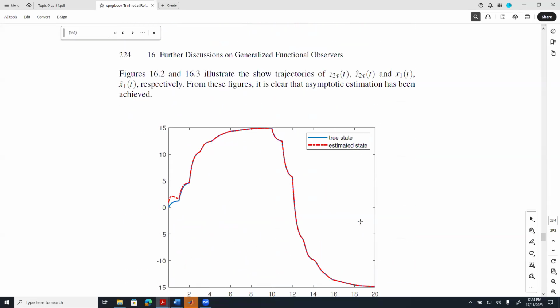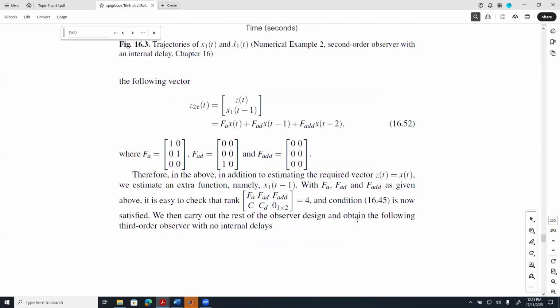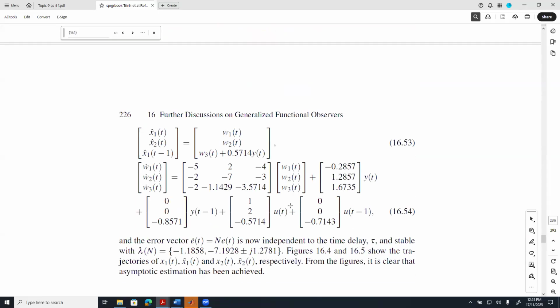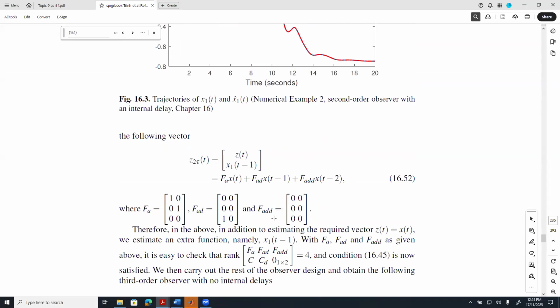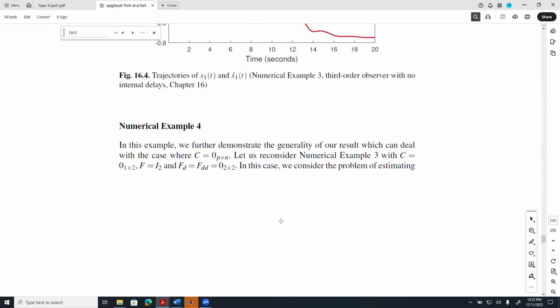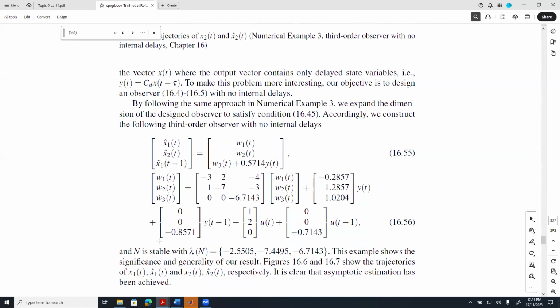When we look at this problem and apply the same process, we obtain this solution in here. And it tells us that we can even obtain, where is example 4, the stable third order observer without internal delays.